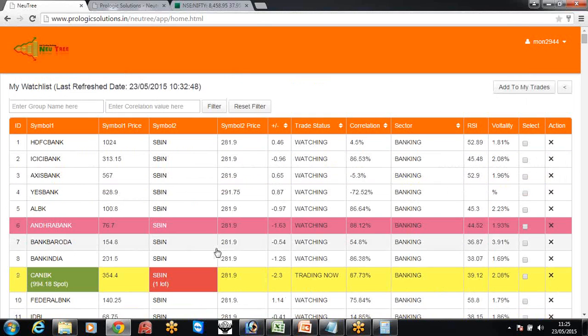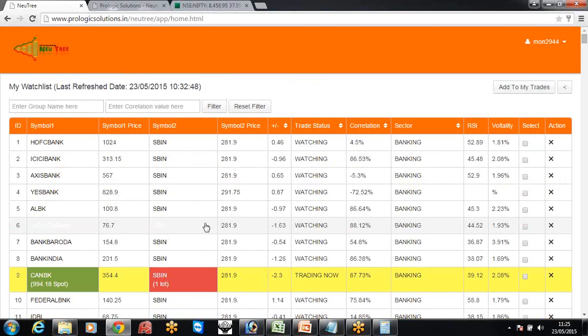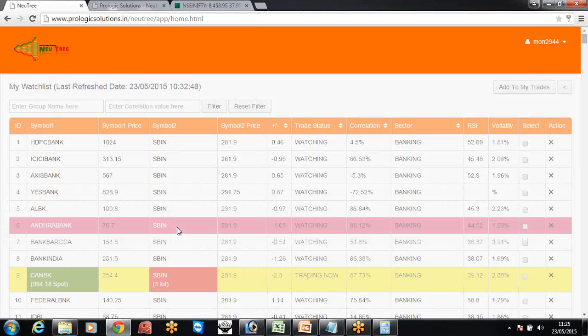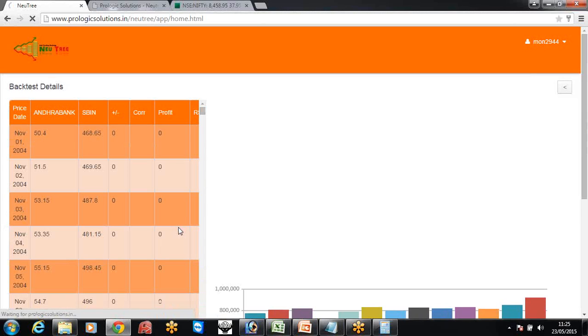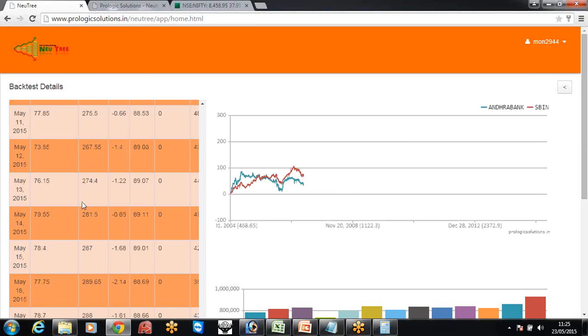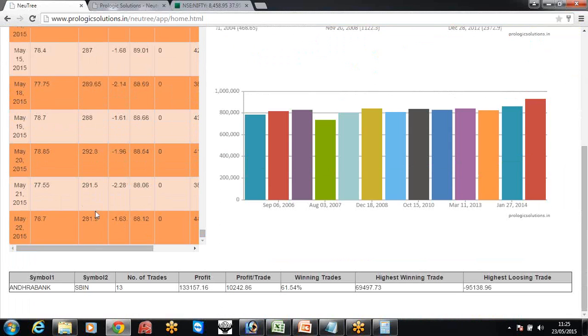Like what happened in this case, this Andhra Bank and SBI, yesterday I had a call in the afternoon. But Andhra Bank, SBI was at 289, sorry, around 289. But when the day closed, it fell down to 281.